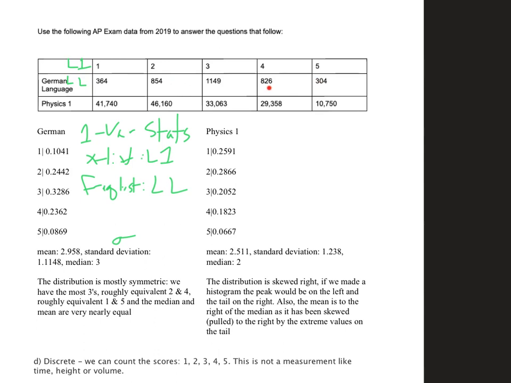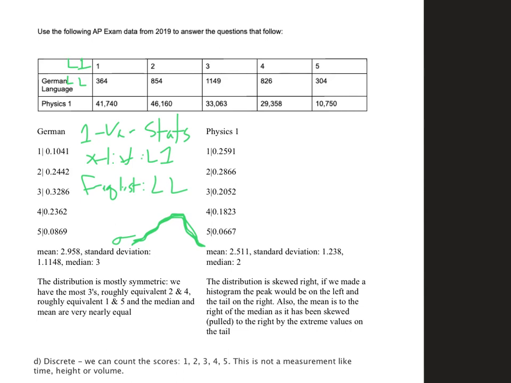We've got a few more twos than fours, a few more ones than fives, but the difference between a 1 and a 2, a 4 and a 5, those are roughly equivalent. So you're going to have, more or less for German, a symmetric, nice pretty bell curve here, much prettier than what I just drew. It's way more symmetric than it would be left skewed or right skewed.